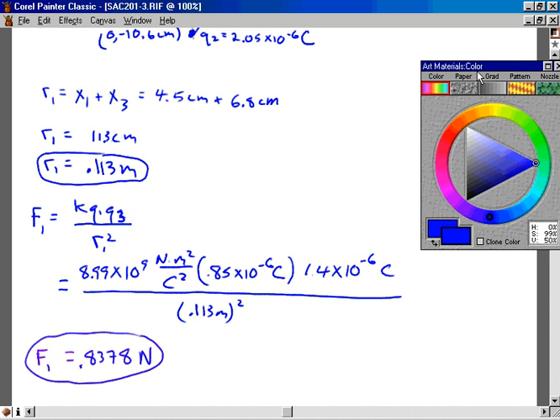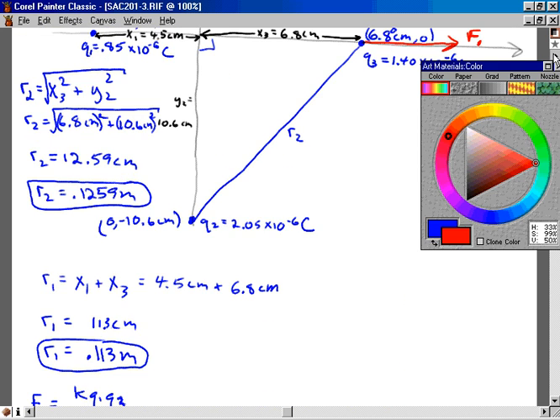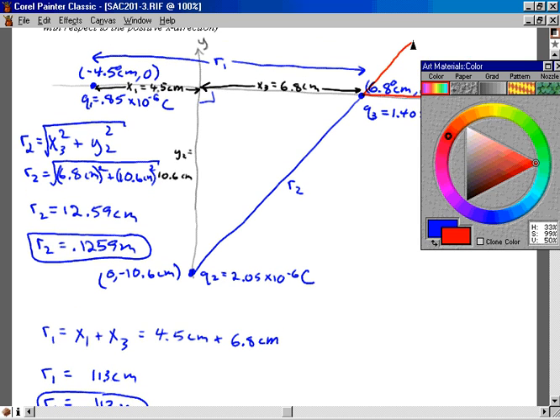Alright. Now we got to get F2. F2 is the force exerted by particle number 2 on particle number 3, up in this direction.